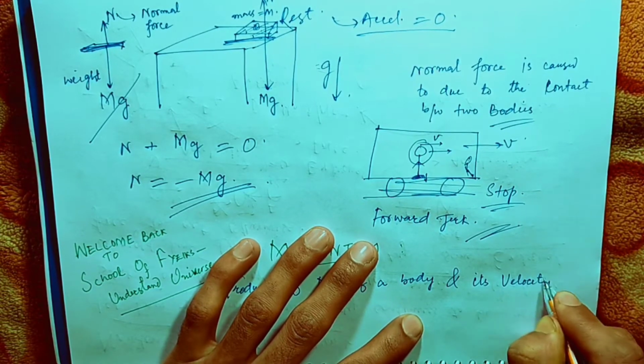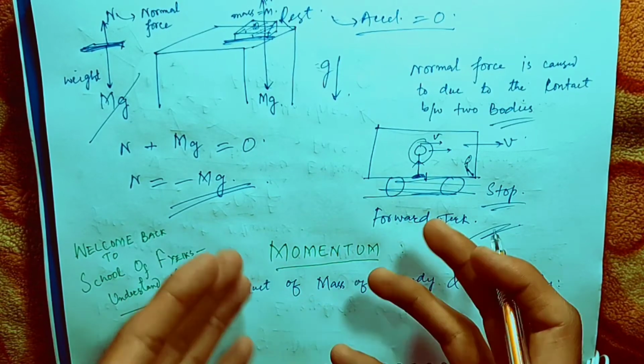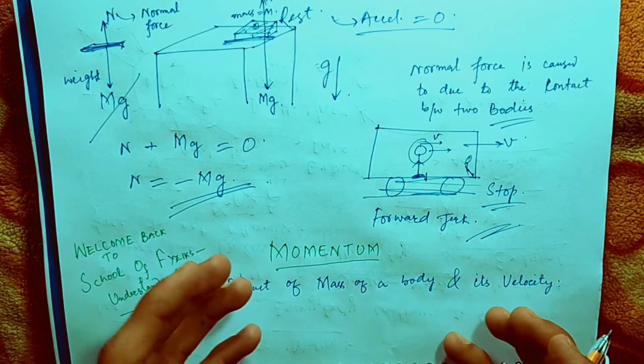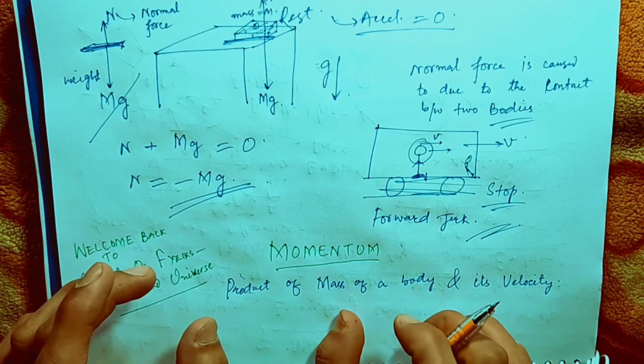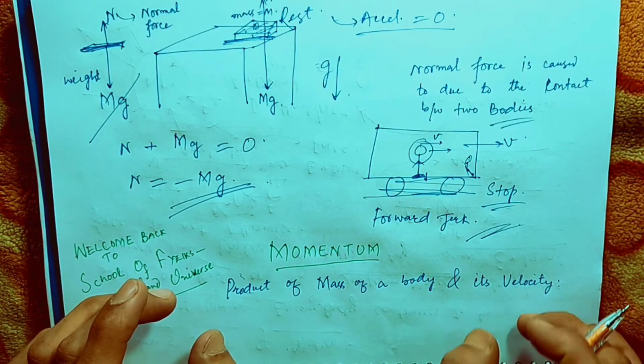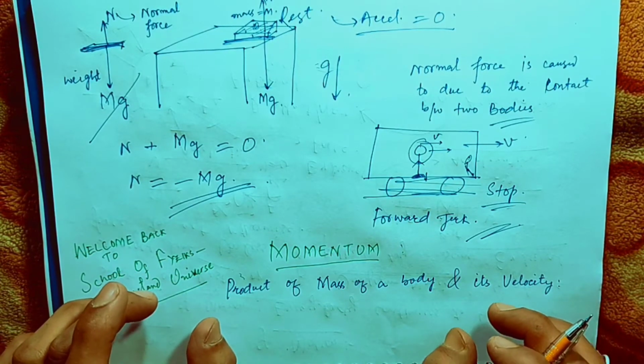That means the combination of these two, the product of mass and velocity, forms a term called momentum.